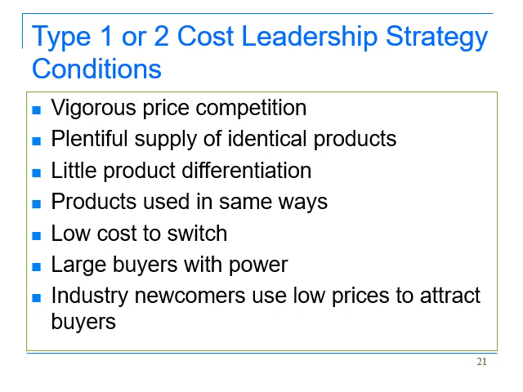These conditions create problems for cost leadership, so the opposite must be met: there should not be vigorous price competition, product differentiation should be more so no one is going to imitate your product, identical products are not available, the product is not used in the same way, and switching cost should be high. Then you can sustain your cost leadership strategy for the longer term.